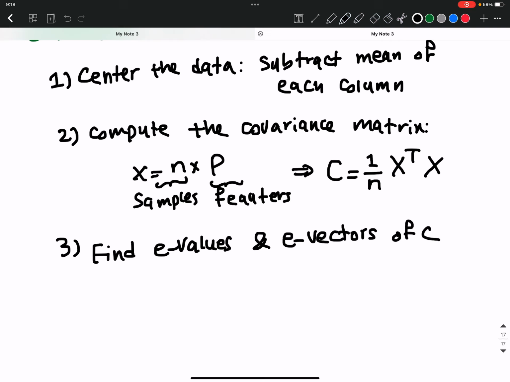If you look at this covariance matrix, because we already subtracted the mean in each of the columns, if you calculate this, this will give us something similar to variance, okay? So the eigenvalues of this matrix would actually represent the variance of the data. And what are the eigenvectors? The eigenvectors here are basically the principal directions.